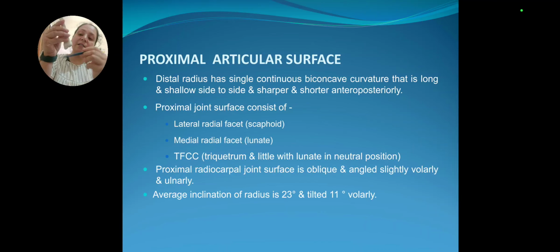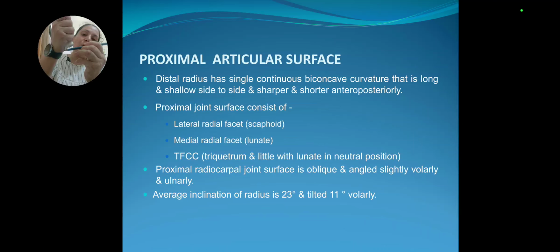It is placed 12 mm below the ulnar side, let me show you in this form, holding the radio-ulnar joint. Can you see? It is 12 mm below the ulnar side, and it is obliquely placed because it is not straight. For an average, this obliqueness is 23 degrees.